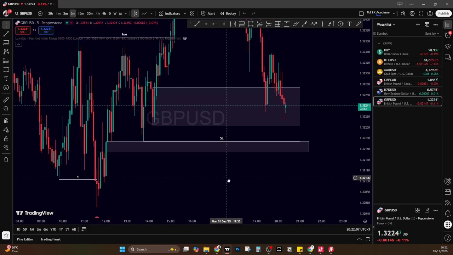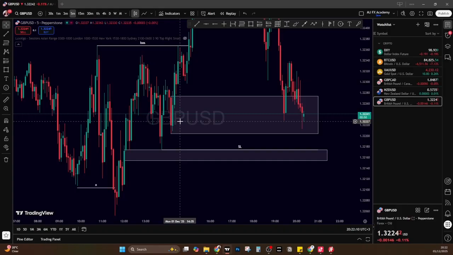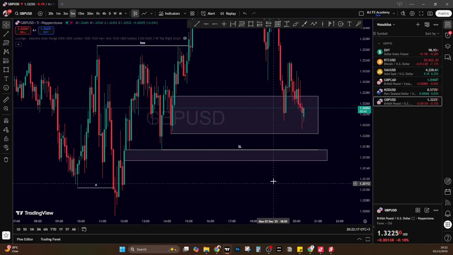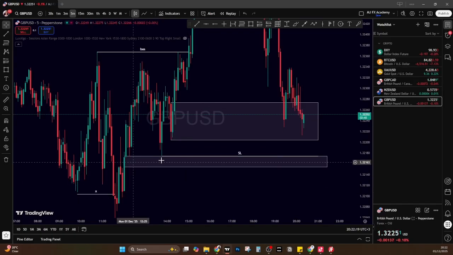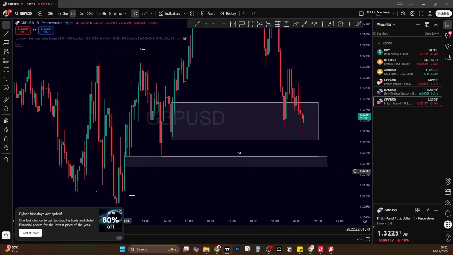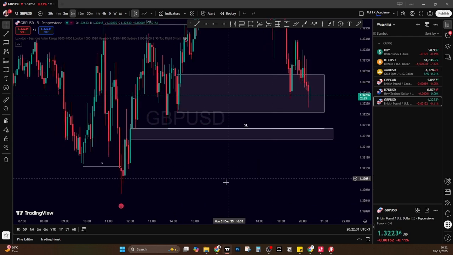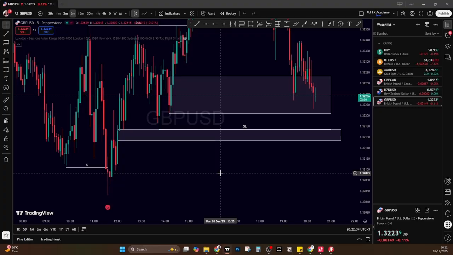So we have this order block here, but below the order block we have FVG. You also need to understand that this FVG here is still part of our trading range. Now this is how you use order flow to understand where to wait for this market, below the FVG.